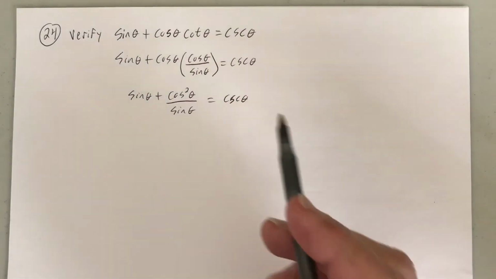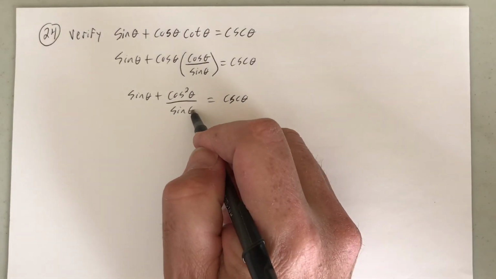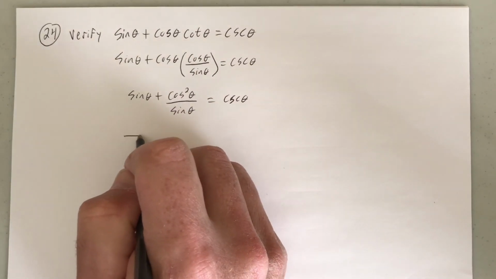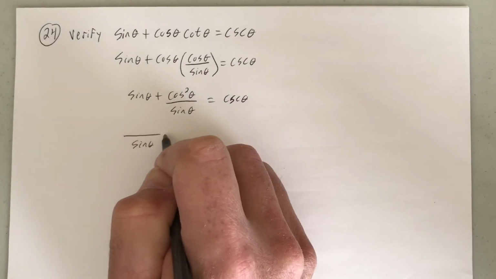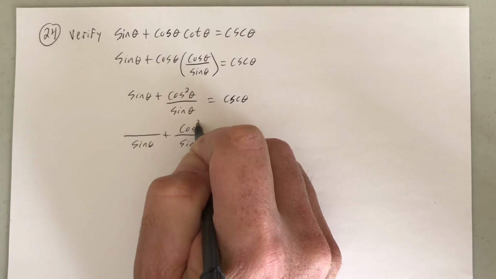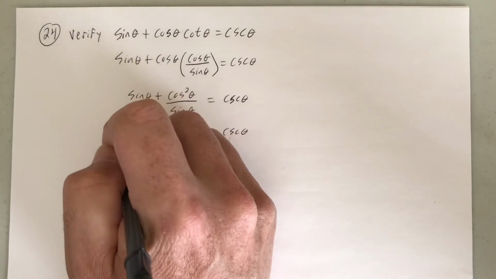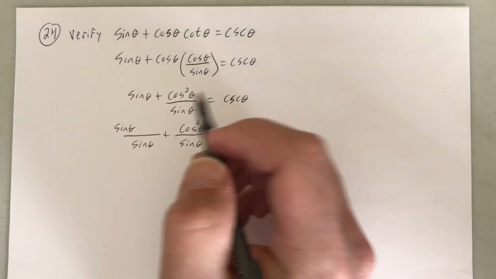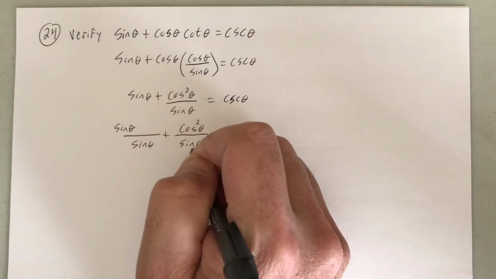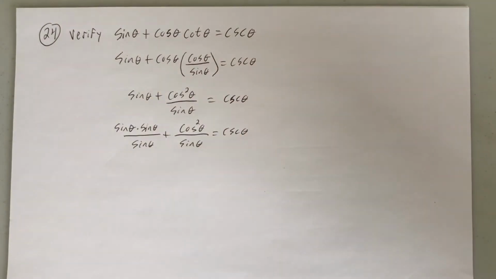So now what can I do? Well, I need to get these together. I need to add them, which means I need to find a common denominator. Well, my common denominator is just going to be sine theta. So if I do that, I got sine theta here plus, I'm not going to have to change this side because it already has the common denominator. So all I really have to do is correct here. Now I already have a sine theta, and in order to get that to be sine theta over a common denominator of sine theta, I need to multiply the top by sine theta.